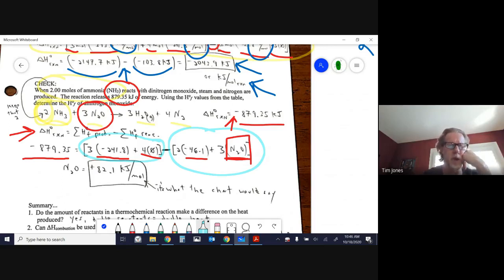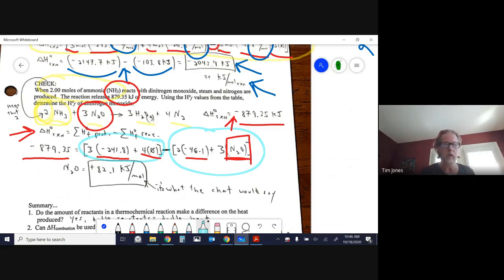You can solve the products in one step, and you can solve for part of the reactants and combine everything. But do it carefully, because I remember when we do this lesson live in class, a lot of students keep calculating it wrong. Again, because they're not careful with the negatives and distributing, and they do too much math at one time.